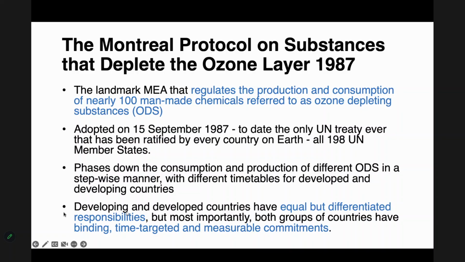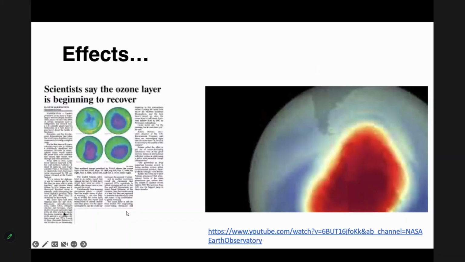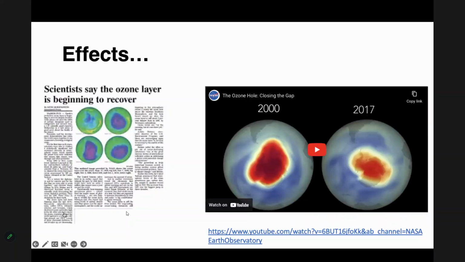And this has been quite effective. Today, scientists are saying that the ozone layer is actually recovering, right? So this command and control type of action can be quite effective if it is properly implemented.